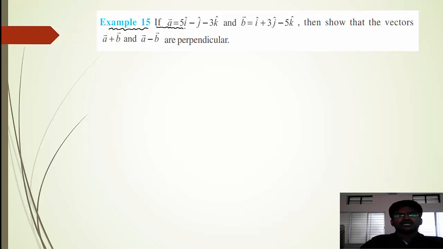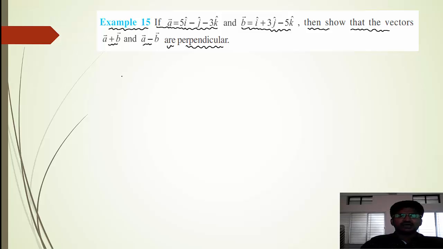In example 15, if vector A equals 5 i cap minus j cap minus 3 k cap and vector B equals i cap plus 3 j cap minus 5 k cap, then show that the vectors A plus B and A minus B are perpendicular to each other. Clear? So here vector A and vector B are given.